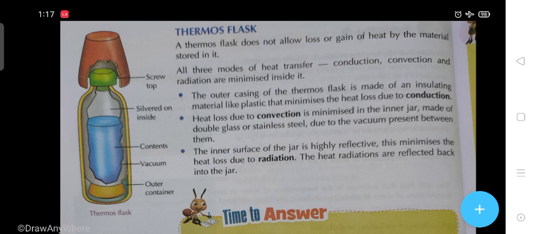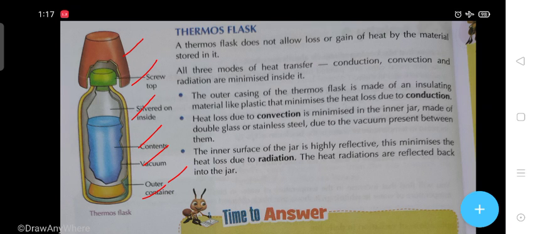In this picture, as we see, students, this is the thermos flask, and it has a cap, a screw top, and it is silvered on the inside, and this is the vacuum and the outer container.